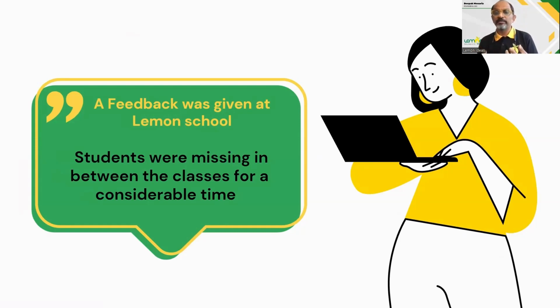So for example, if there was a maths class going on for standard six, children realized that they were losing some time while they were in the math class. So a good feedback which came.